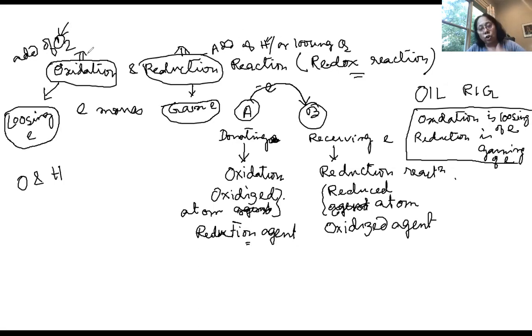Addition of oxygen is oxidation. Losing of oxygen is reduction. But in a chemical reaction, every time if you lose one oxygen, you are going to add hydrogen. So that's why addition of hydrogen or losing of oxygen is called reduction. So both definitions are correct, but the electron one is the original definition.